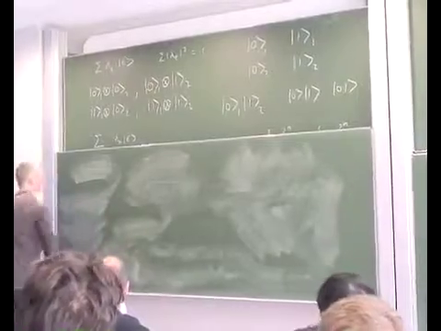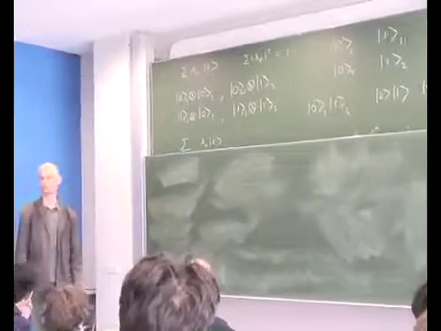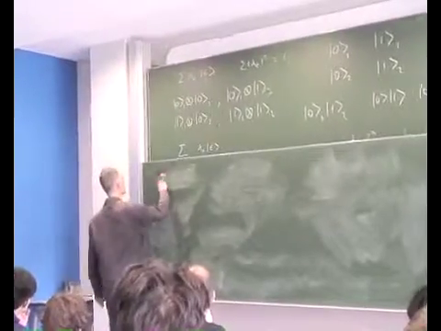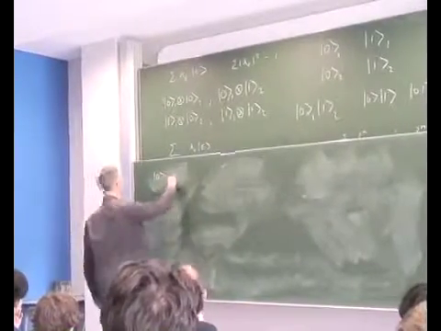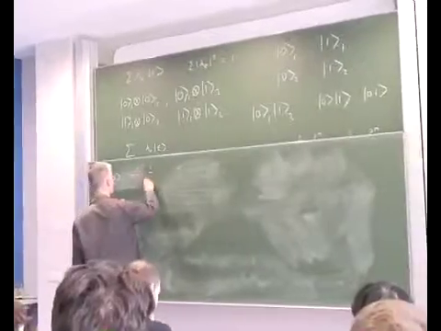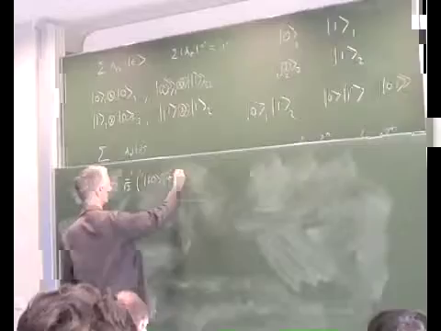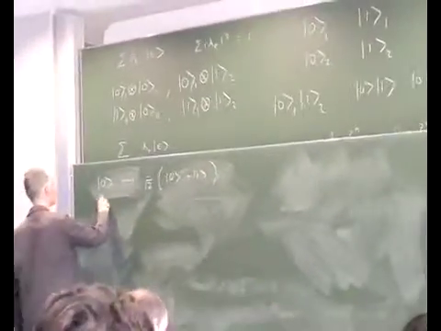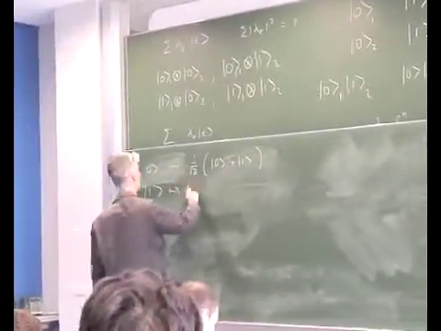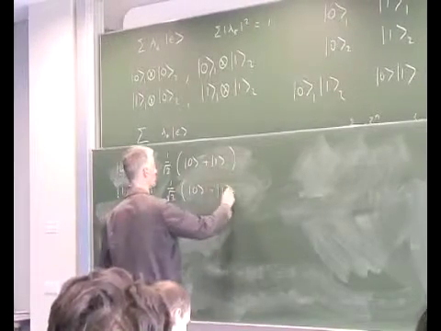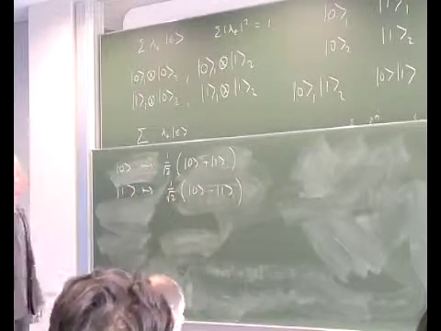So let me just show you. It looks quite like this. It's the square root of NOT. Not the unique square root of NOT, but I'll do: 0 maps to 1 over root 2 times (0 plus 1), and 1 maps to 1 over root 2 times (0 minus 1).